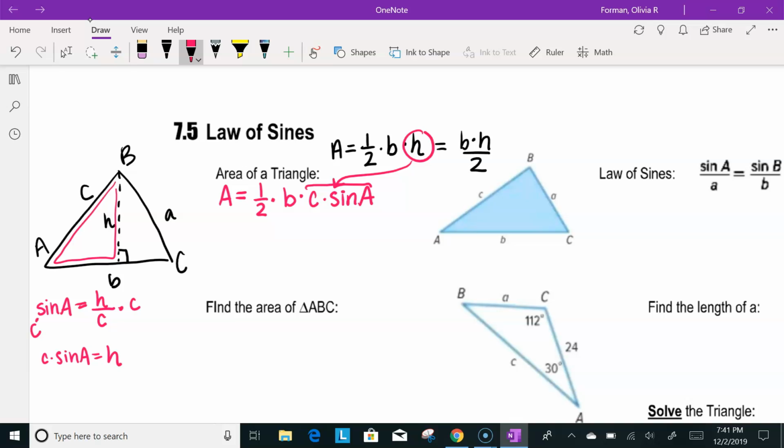And it's just coming from the fact that right here, this triangle has been redrawn and formed. Okay? You are going to use this.